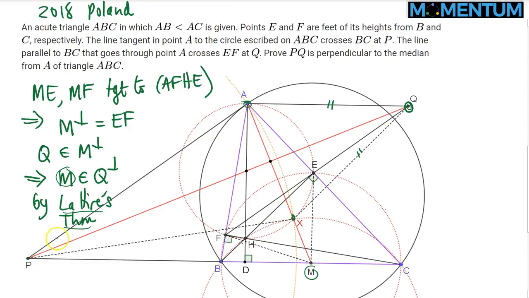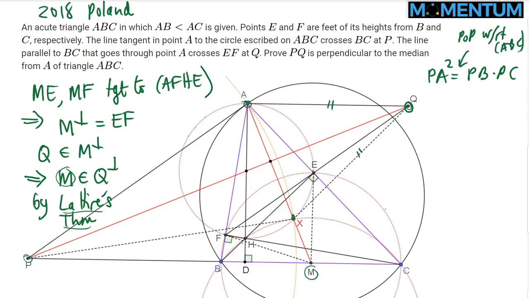For that result, I will do the following. I will first calculate the power of P with respect to the circumcircle, which is PA squared, but it's also equal to PB times PC. So PA squared is equal to PB times PC, by power of a point at P with respect to the circumcircle of ABC.